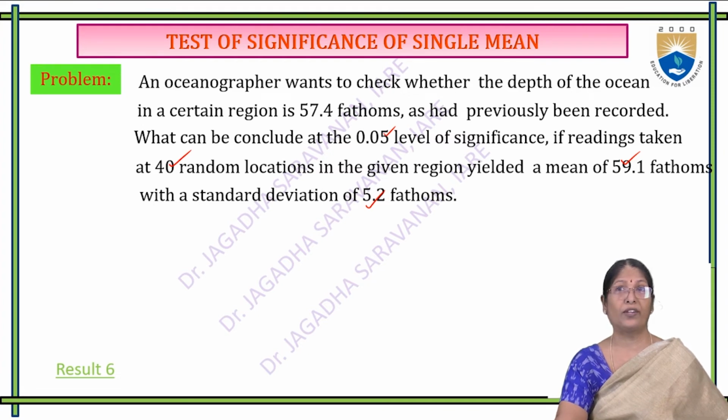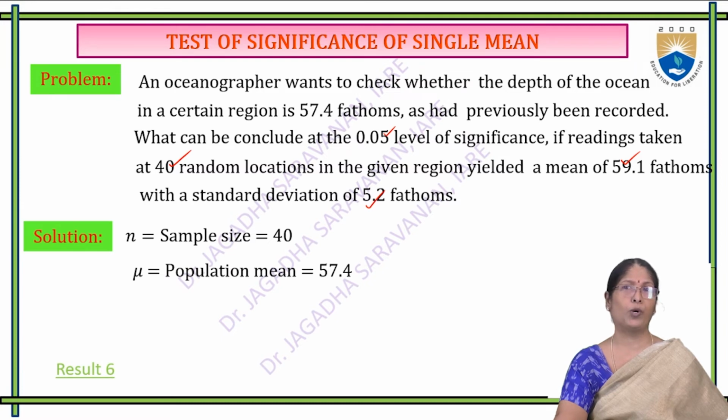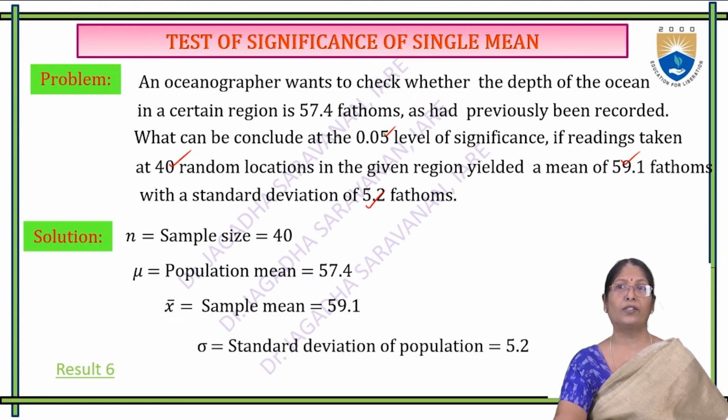If the population standard deviation is not given, we can take the sample standard deviation in its place. In the test statistic we can write S by root n, or just write S equal to sigma. Both are correct. So n equal to sample size 40, mu equal to population mean 57.4, x bar equal to sample mean 59.1, and sigma, the standard deviation, is 5.2.